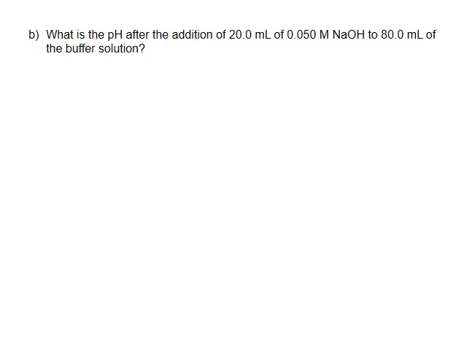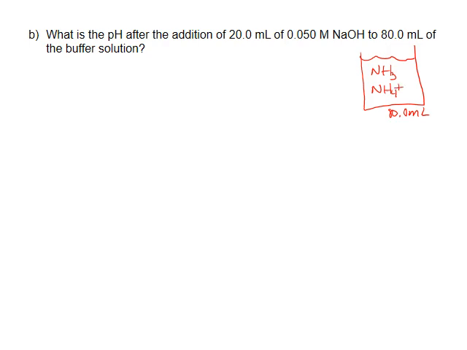Question B asks, what is the pH after the addition of 20 milliliters of 0.050 molar sodium hydroxide to 80 milliliters of our buffer solution? Again, I'm going to start by drawing a picture. We have 80 milliliters of our buffer, which contains ammonia and ammonium.